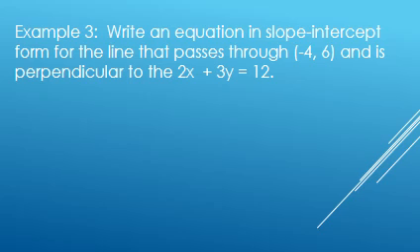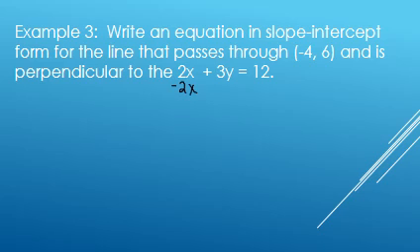Okay, example 3. Write an equation in slope-intercept form for the line that passes through -4, 6 and is perpendicular to 2x plus 3y equals 12. Well, looking at this equation here that they're giving us, I can't see what the slope is. The reason why I can't see what the slope is is because it is in standard form. So we first need to put it into slope-intercept form to see what slope we're dealing with.